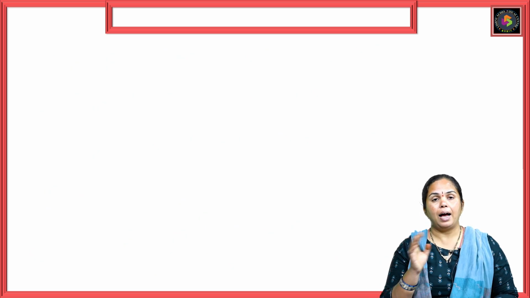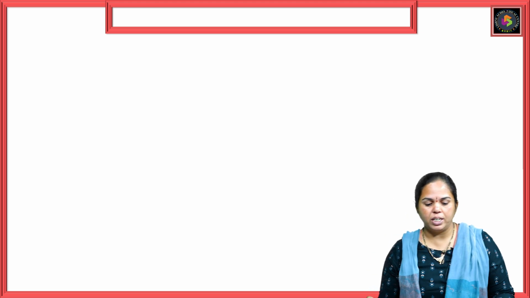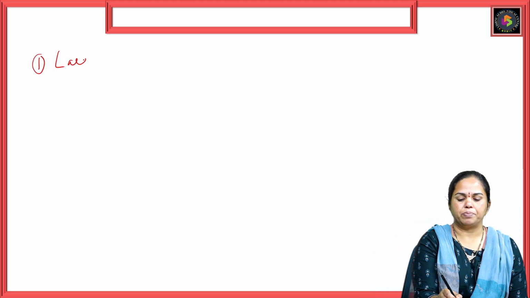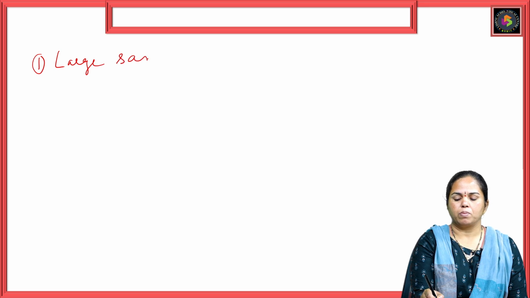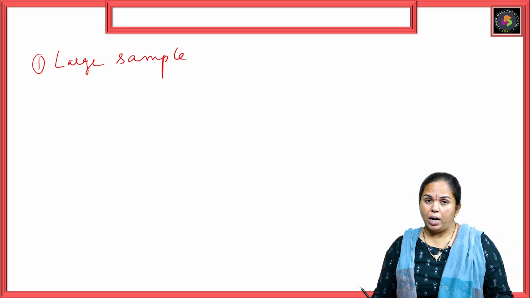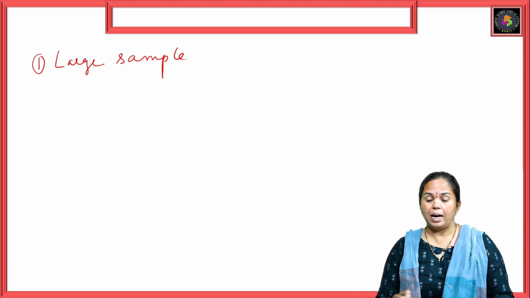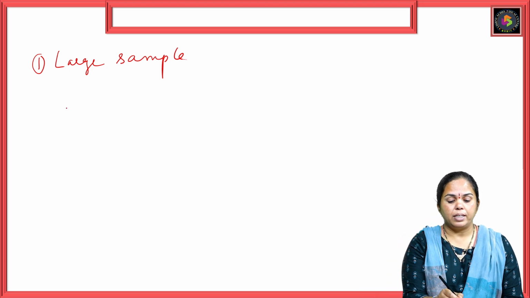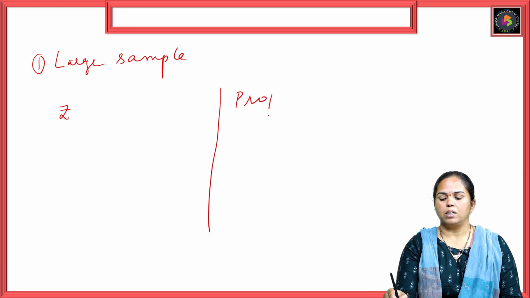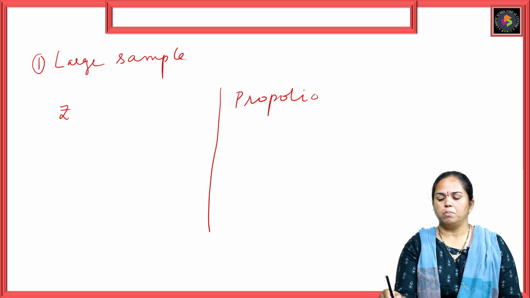For example, I have read the problem and I have seen that my sample is a large sample. So as I said, again in large sample we have two categories, Z test and proportion.